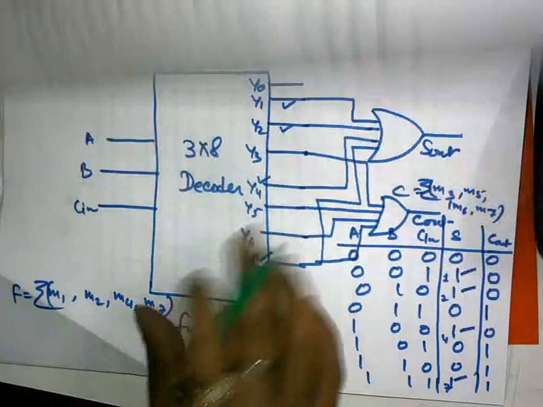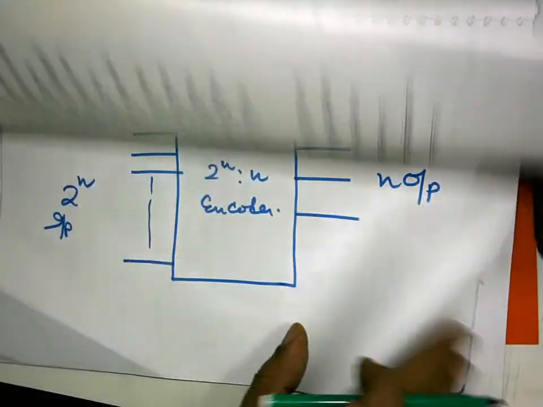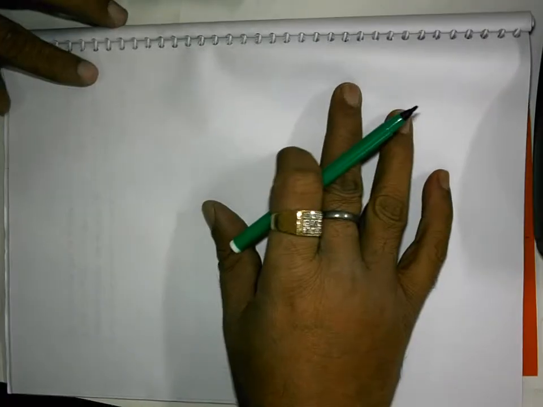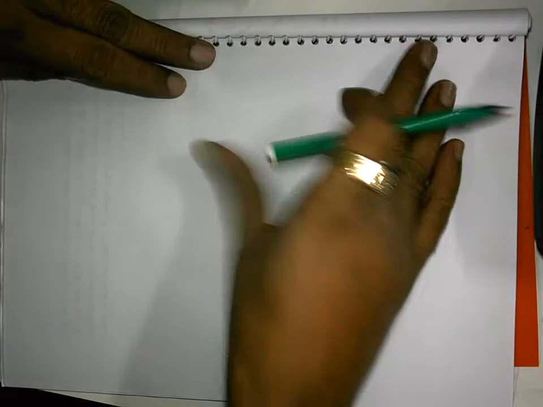So how can we implement multiplexers? Let us see. The block diagram of a multiplexer is shown like this.